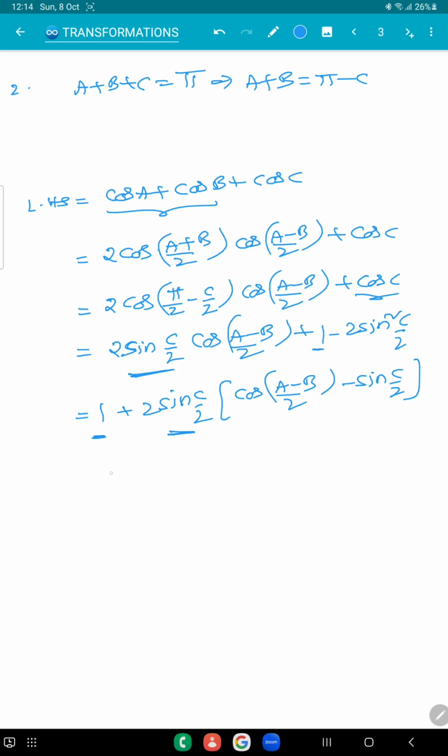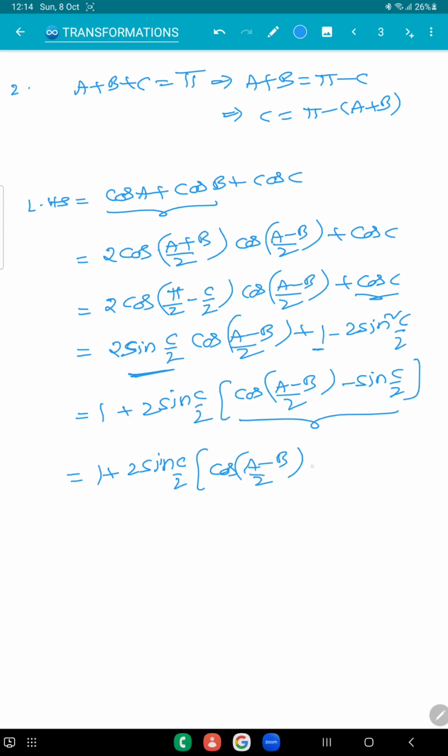Now when this bracket is considered, we don't have any formula for cos minus sine. So we have to convert sin C by 2. From this one we can write C is equal to pi minus (A plus B). So that is 1 plus 2 sin C by 2 times cos (A minus B) by 2 minus sin of, what is C by 2? C by 2 is pi by 2 minus (A plus B) by 2.